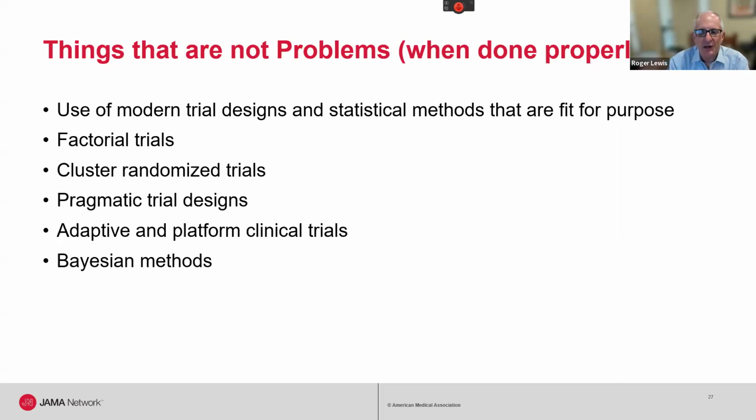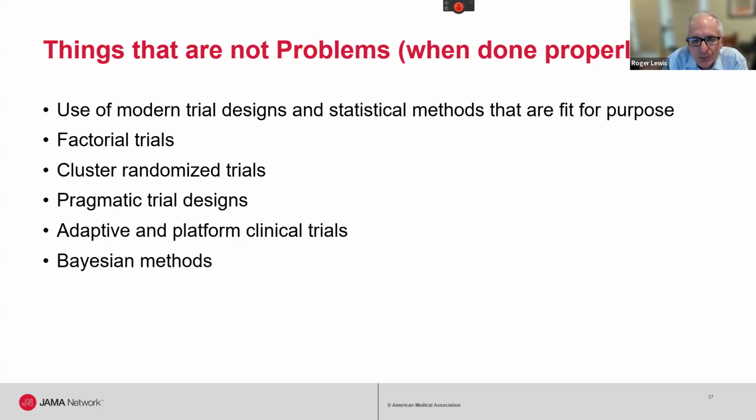And I just want to say that all of the major journals have become substantially more methodologically sophisticated over the last decade and are now used to seeing things like adaptive trial designs, factorial trials, cluster randomized trials, pragmatic trials, use of Bayesian methods. I don't think any of these things are a red flag for the higher quality journals at this point.